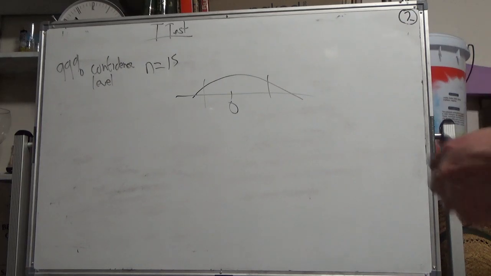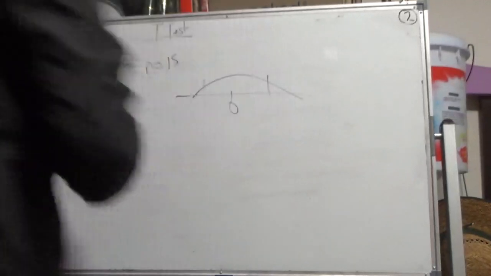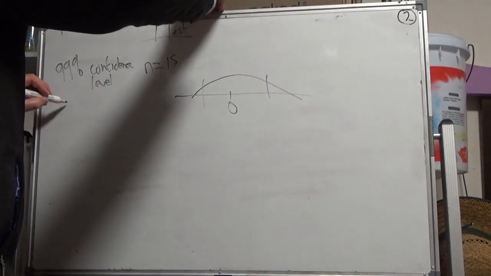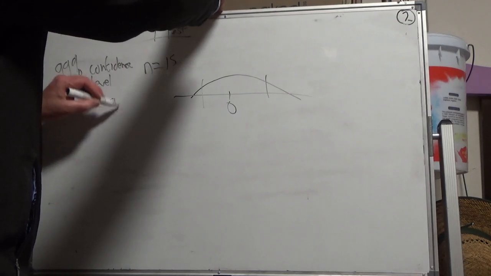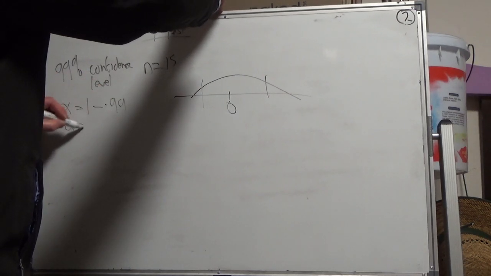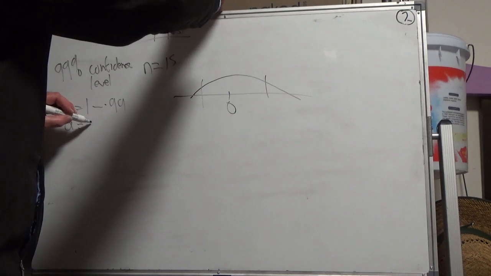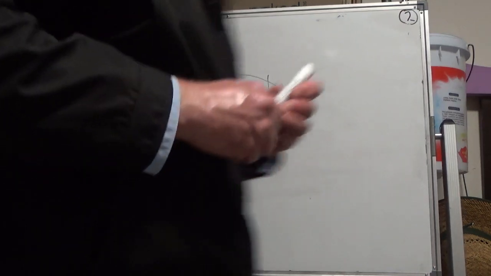So that means the alpha value is derived by alpha equals 1 minus 0.99. Just check that on my calculator.